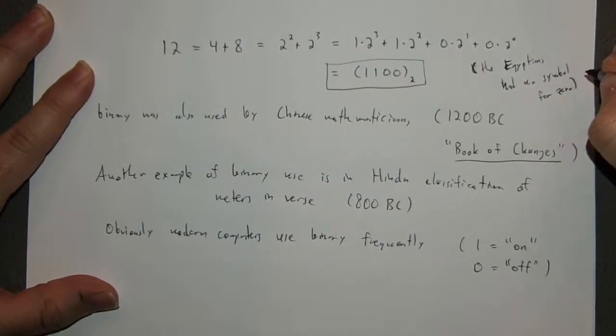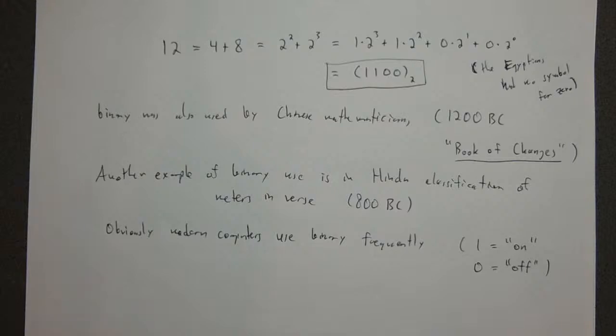They had special symbols for different powers of 10, but no symbol for 0.